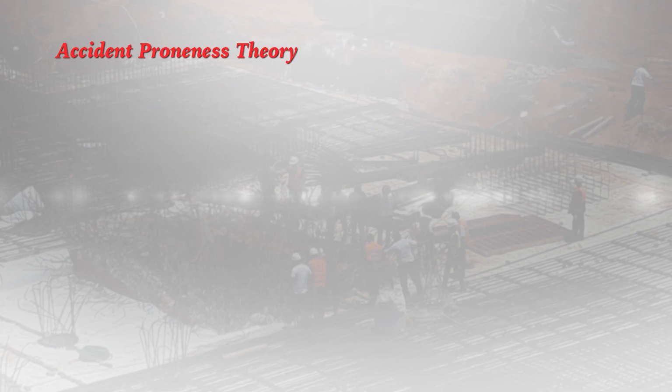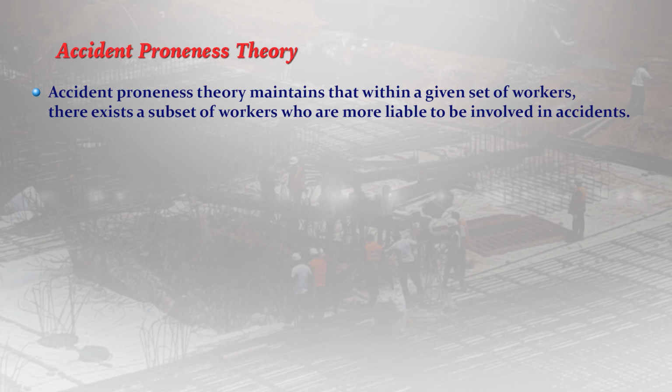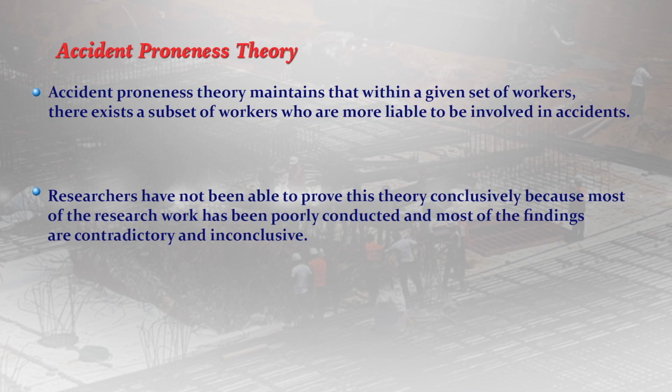The next theory is accident proneness theory. Accident proneness theory maintains that within a given set of workers, there exists a subset of workers who are more liable to be involved in accidents. Researchers have not been able to prove this theory conclusively because most of the research work has been poorly conducted and most of the findings are contradictory and inconclusive.